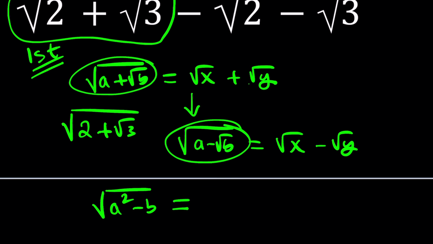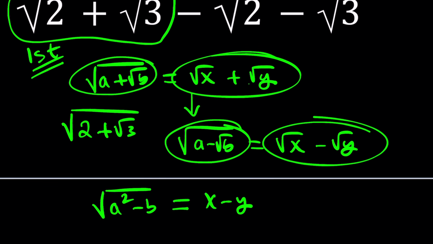On the right-hand side, you're going to get x minus y from the difference of two squares. What that tells you is that if x and y are rational numbers, this is a rational number. That means a squared minus b needs to be a perfect square. Does that make sense? As long as that is satisfied, we're good to go.